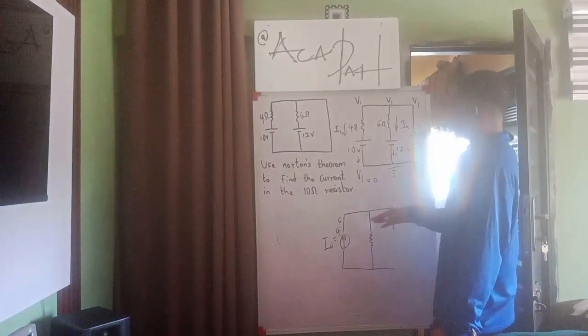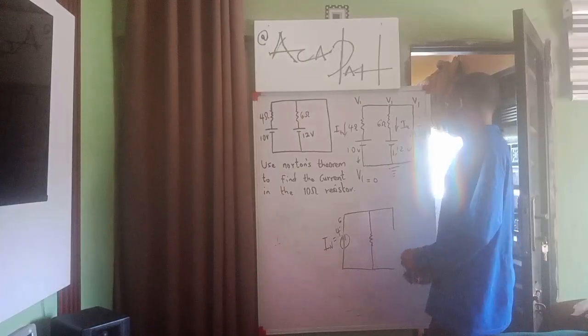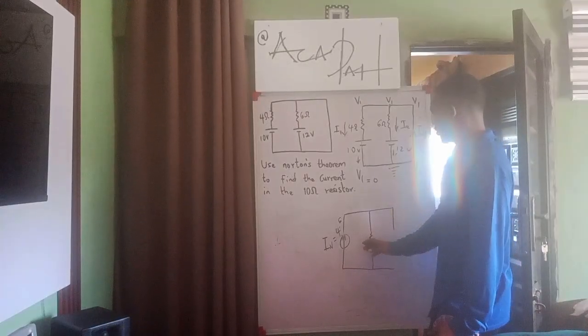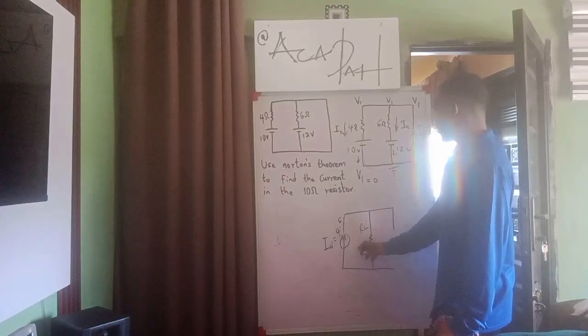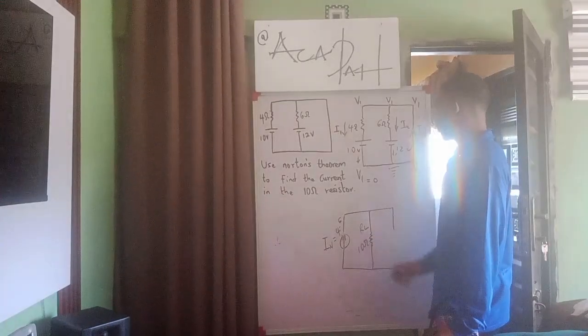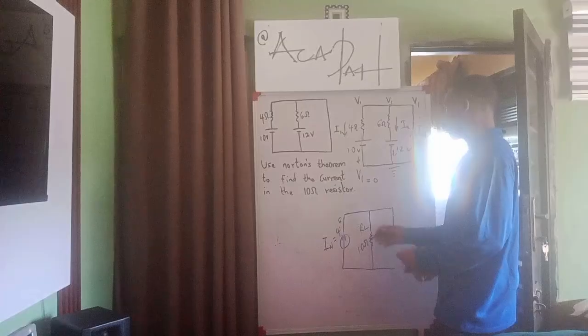Now that I've gotten Norton's current, I'll put the load resistor RL, which is 10 ohm. This is the load resistor.